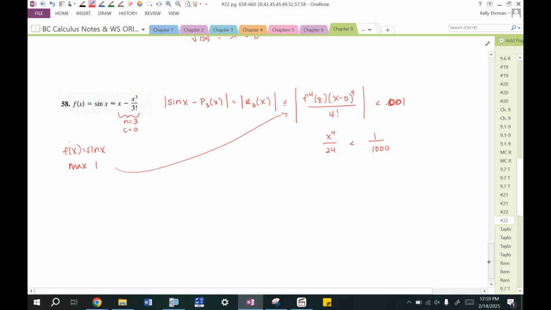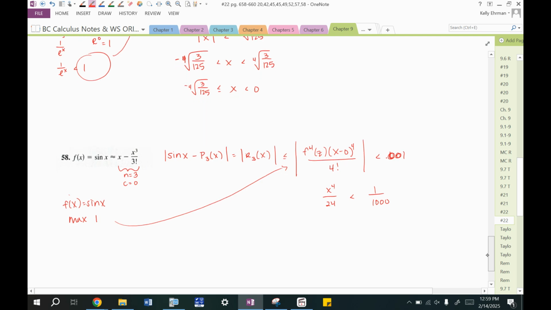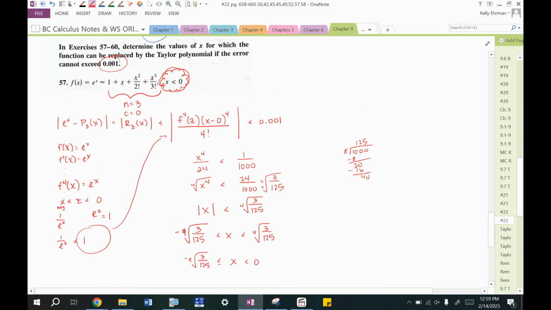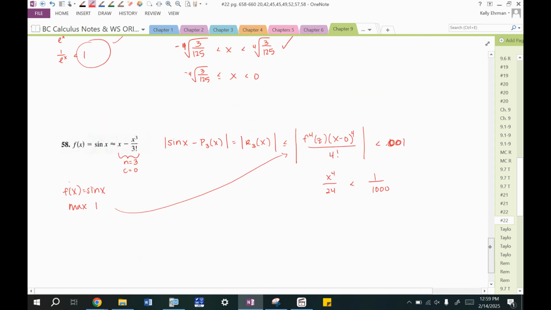So the only difference between this problem and what I just did is this problem doesn't say anything about x having to be less than 0, whereas the previous problem did. So when I got this answer before, I don't have to adjust it and make it 0 on the one end. That is my answer to this one too. So x to the fourth is less than 0.024.